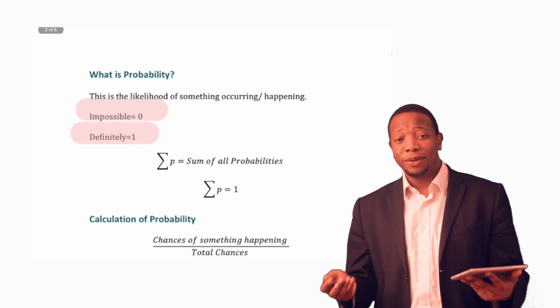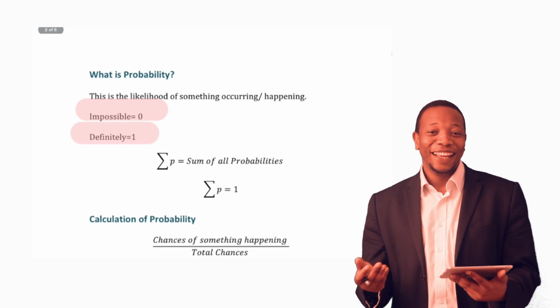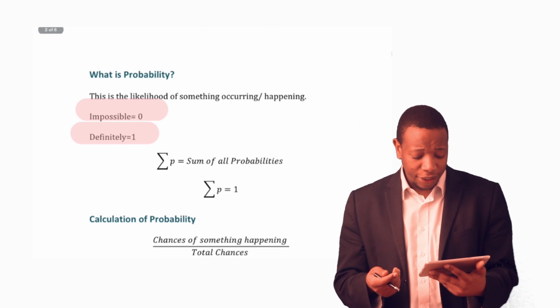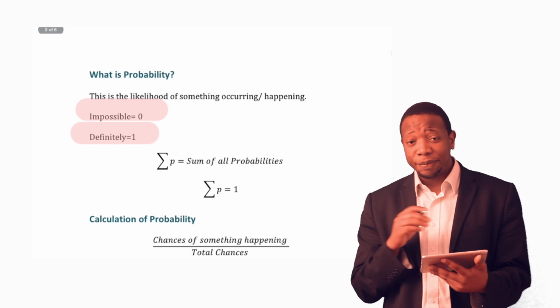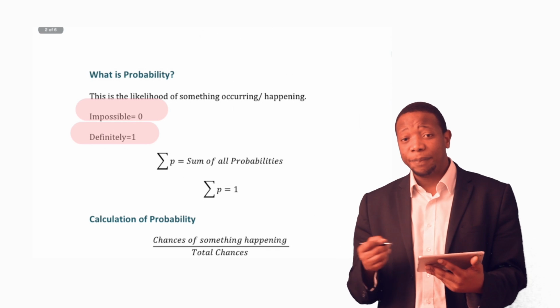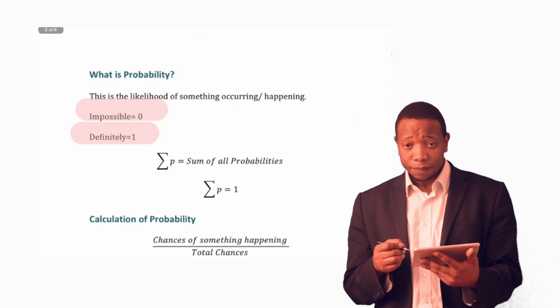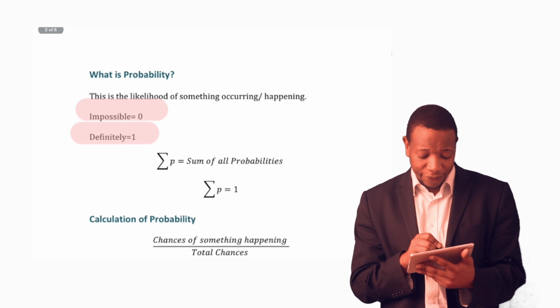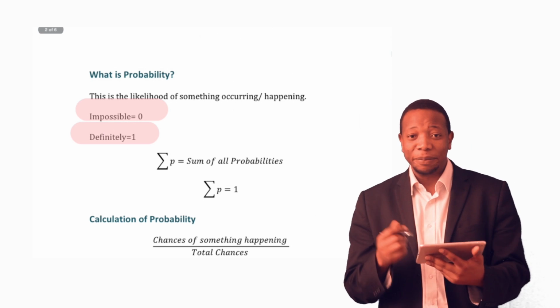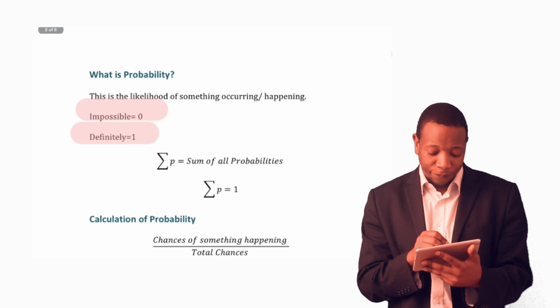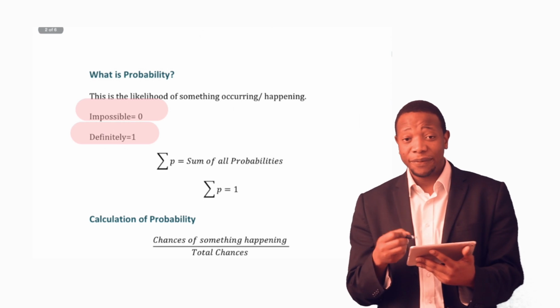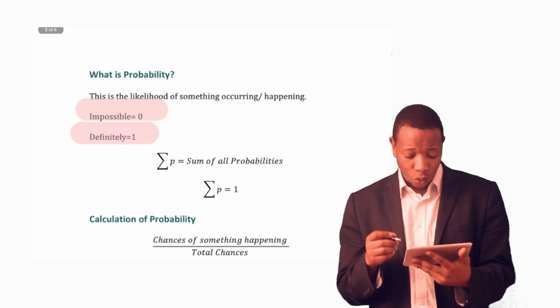For example, the probability of the sun rising in the morning is 1 because it's definitely going to happen. And if we add all the probabilities, the summation of probabilities should be equal to 1. So we have an equation here, sigma, the sum of all probabilities should give us 1.